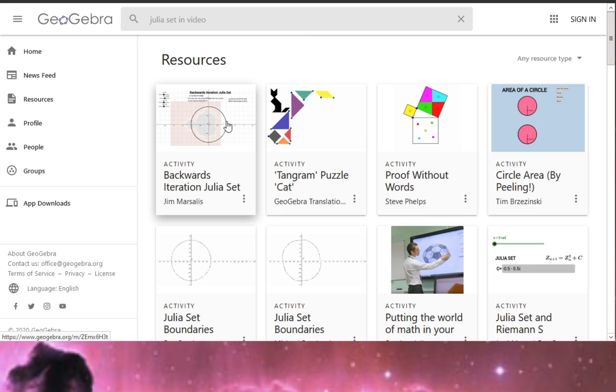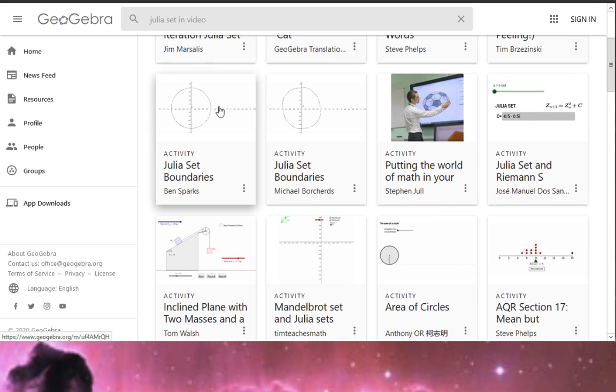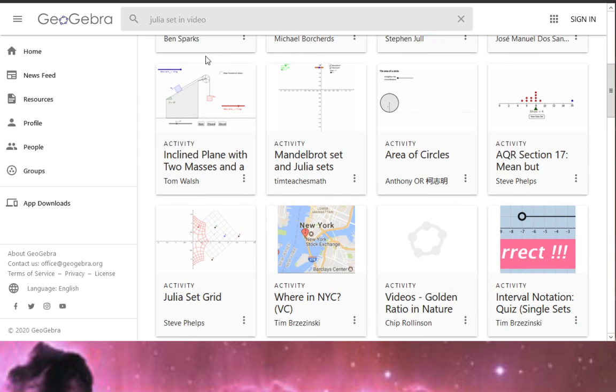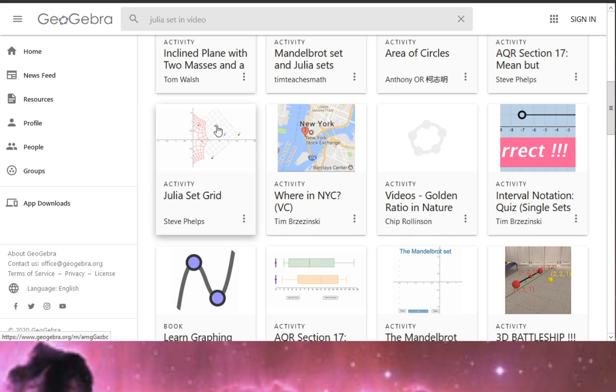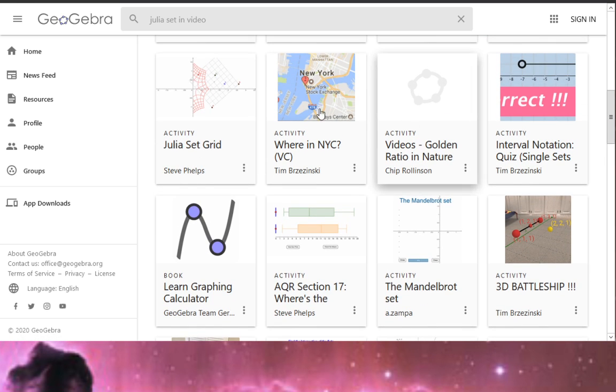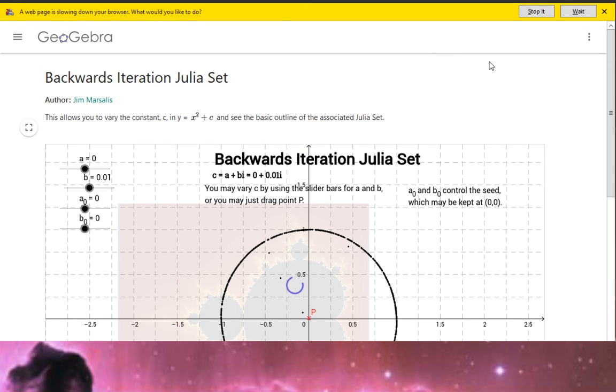What is this? Julia set boundaries. Julia set grid. Golden ratio. This is another thing that I wanted to go over. I wanted to go over transcendental numbers.